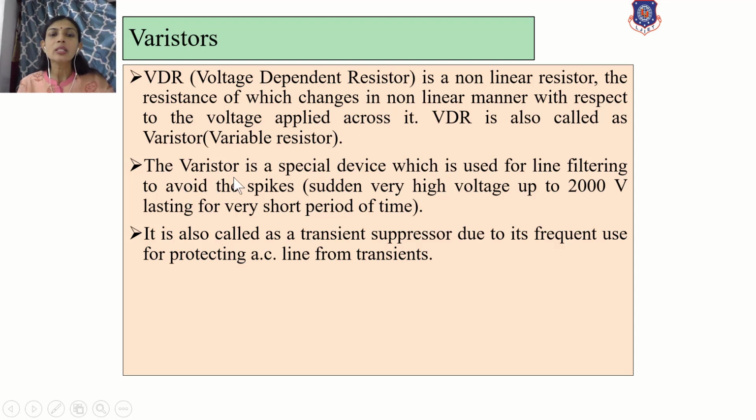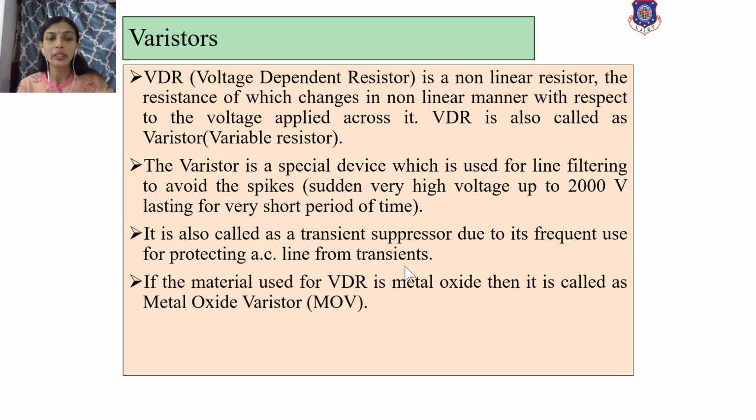It is a special device used to filter out and cut off noise or spikes and to avoid transients, and therefore it is widely used for protecting the AC line from transients.